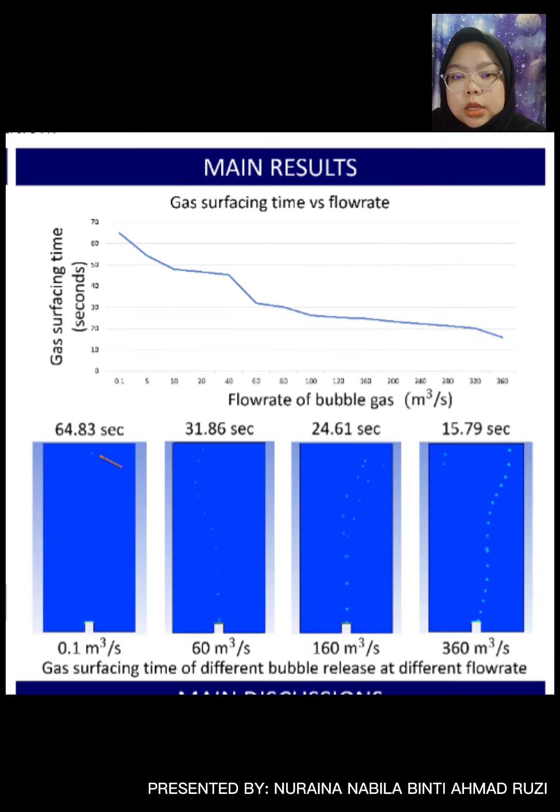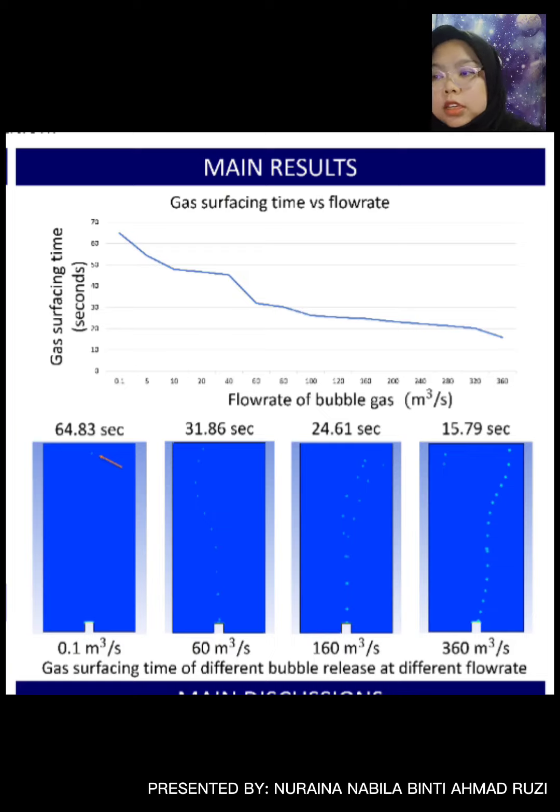So this is the main result. We can see here the graph of gas surfacing time decreasing with the increase of the flow rate of the released bubble gas. The next figure is the gas surfacing time of different bubble releases at different flow rates.